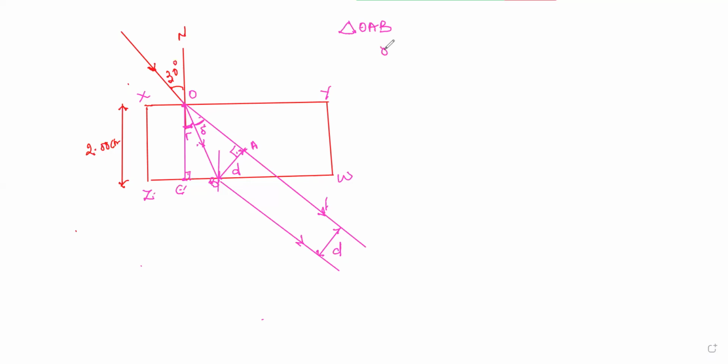So sigma is equal to the angle of incidence I minus the angle of refraction. So when we take sine of this angle, sine sigma, this is equal to AB over the hypotenuse OB.